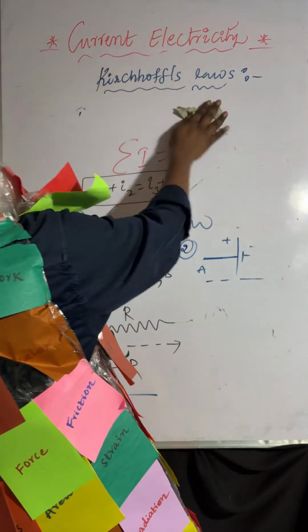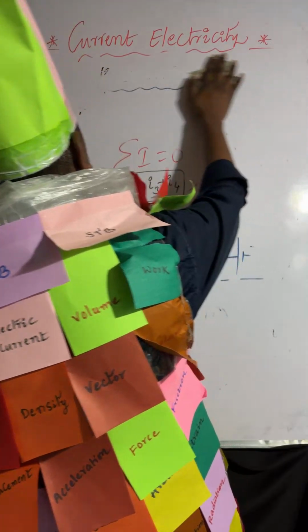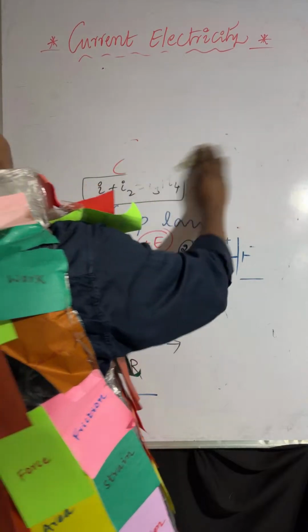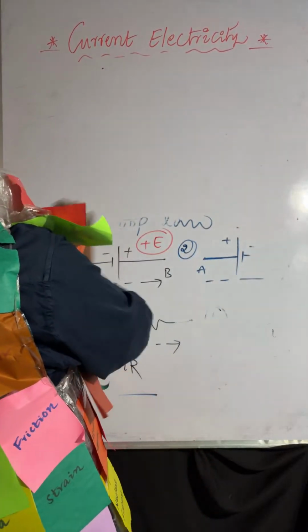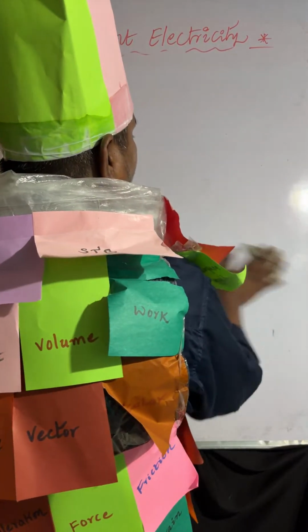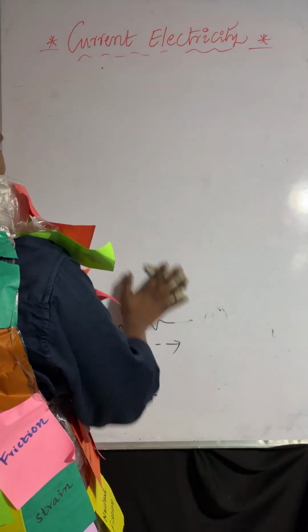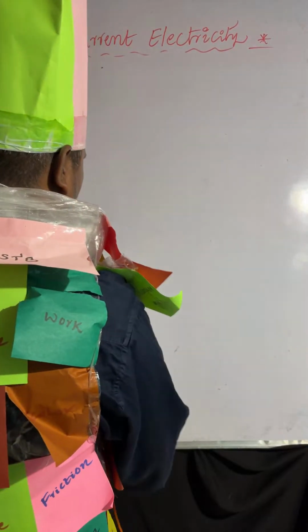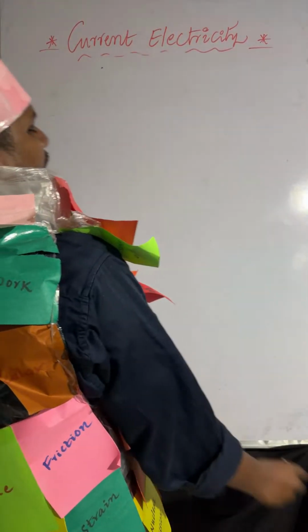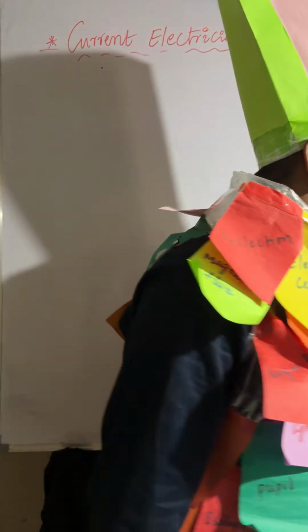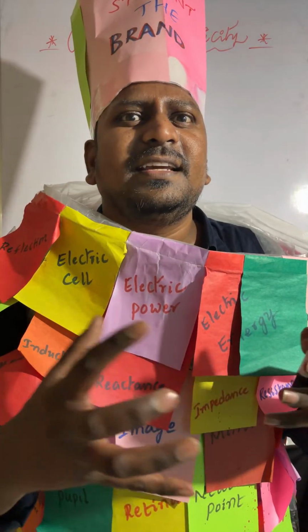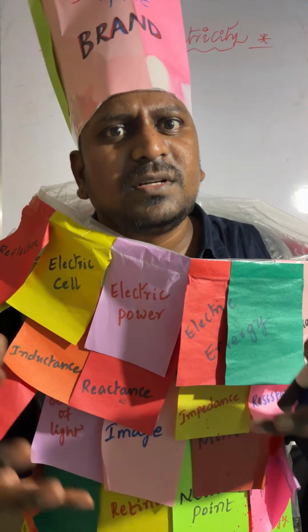When an electron is moving in a cell, it is actually moving in the electrolyte, and it experiences some resistance.